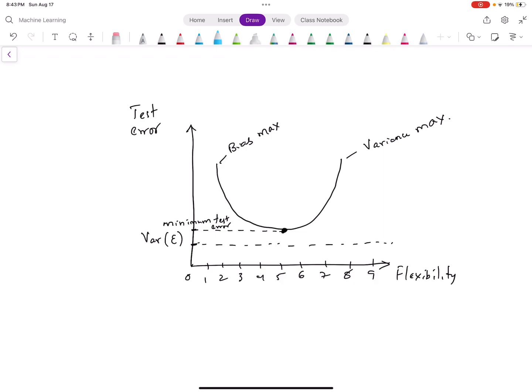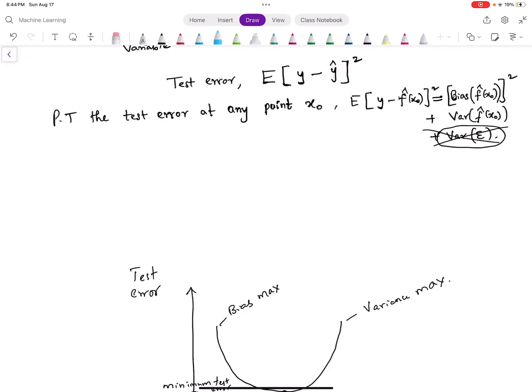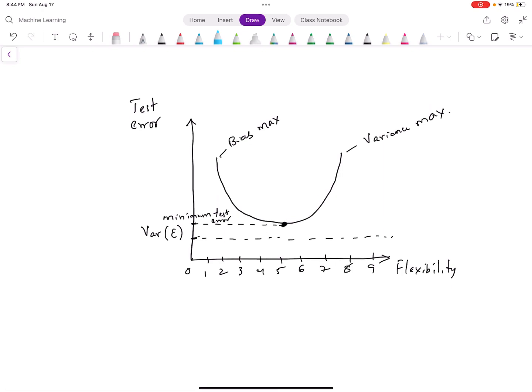Here the dotted line shows the variance of the irreducible error. No matter how well we do, our testing error cannot be below this dotted line, because from equation 1, both the terms, the bias squared and the variance, are positive terms. Hence, the total error cannot be below the variance of the irreducible error, the dotted line.